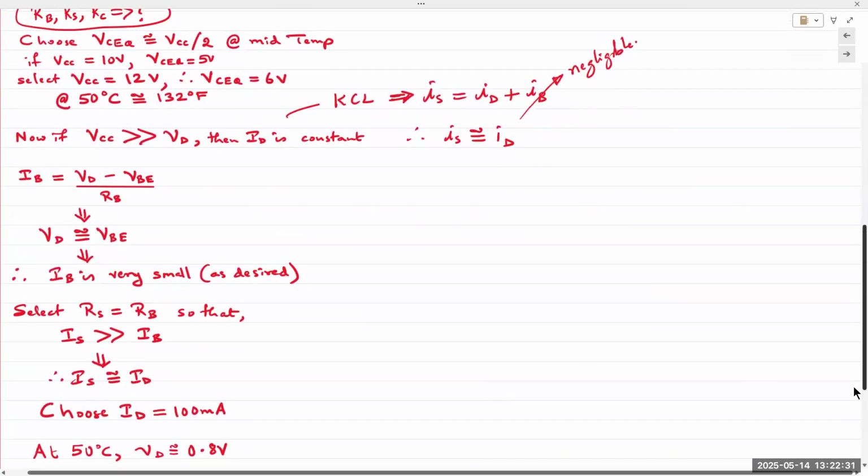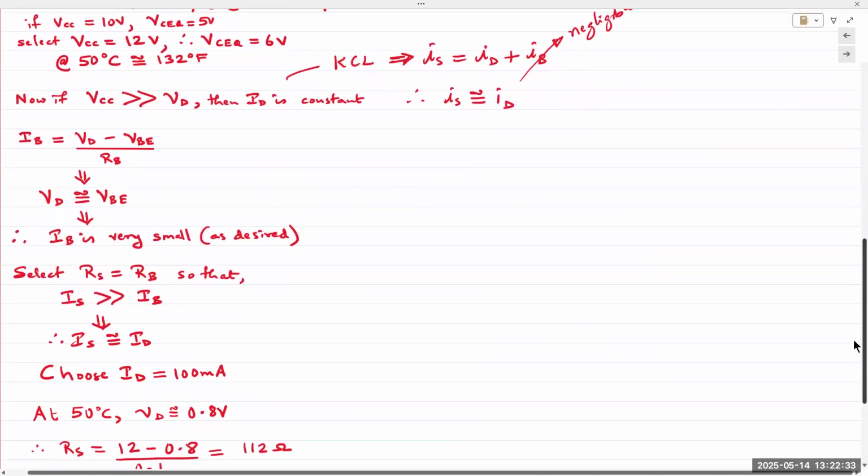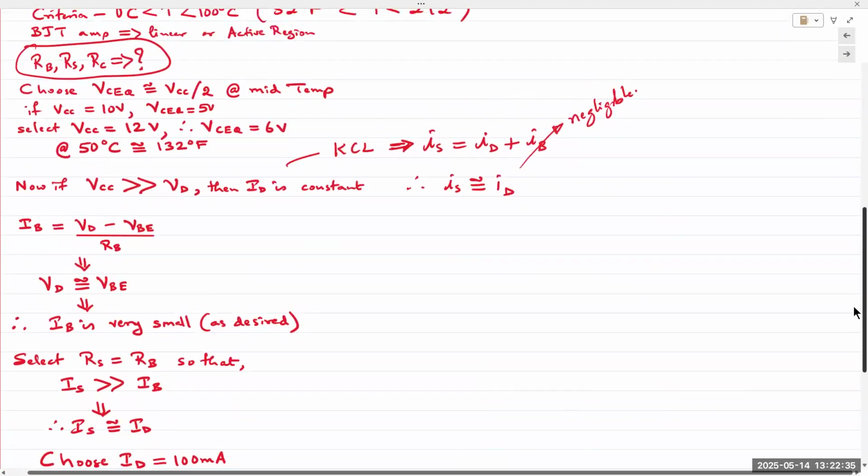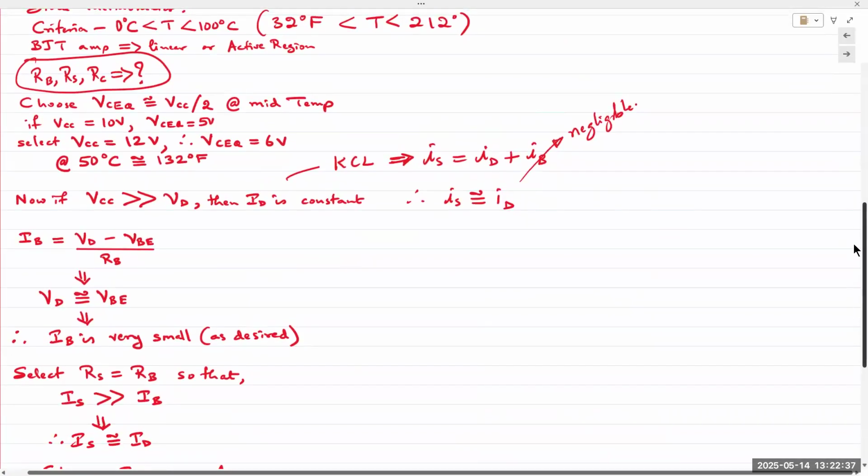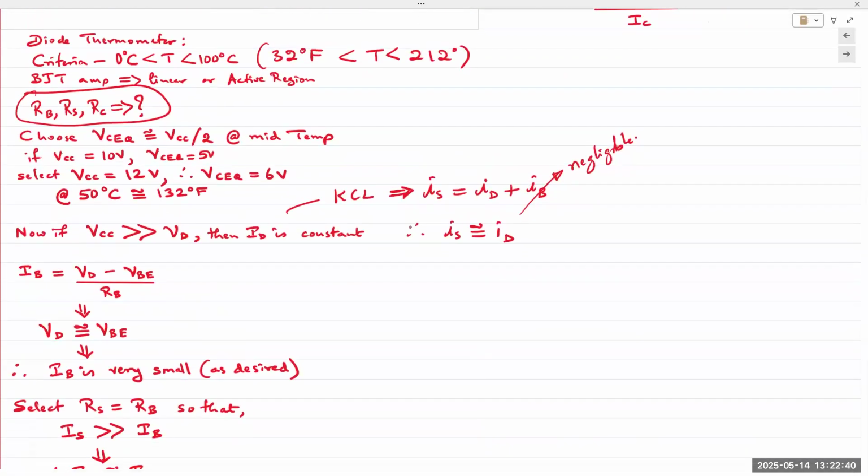So we can describe IS as VCC minus VD over RS. We will use this equation to determine the value for RS.